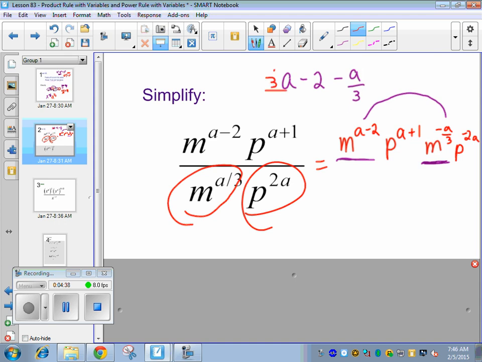Yeah, 3 over 3. So now I can add them together. So now it's combining into 1. So m is still my base, and I'm adding exponents. So 3a minus 1a over 3 is 2a over 3. And then this minus 2 just stays minus 2 in the exponent.